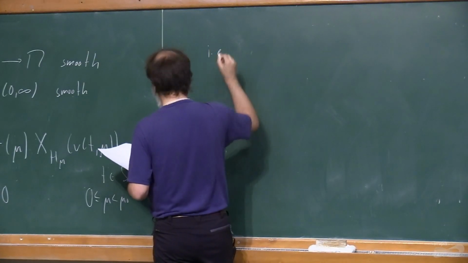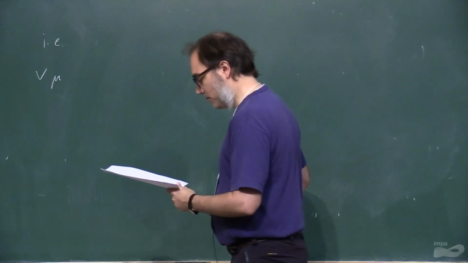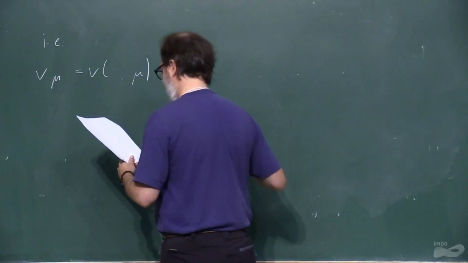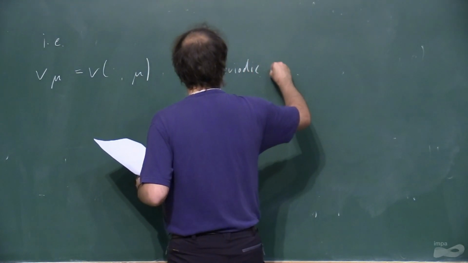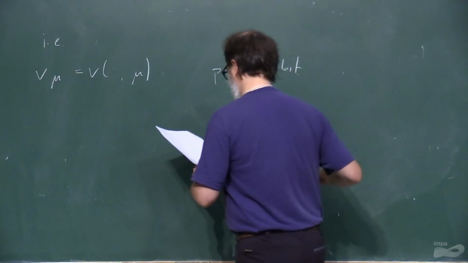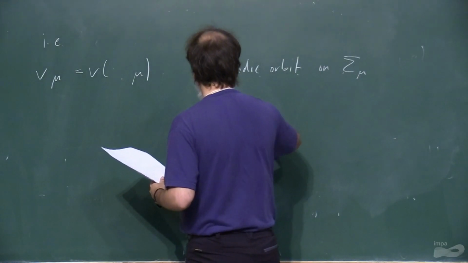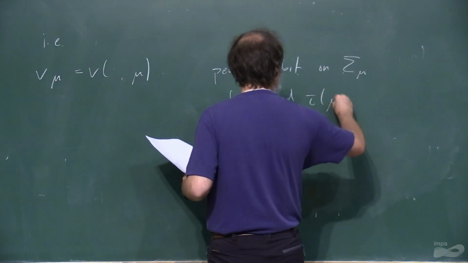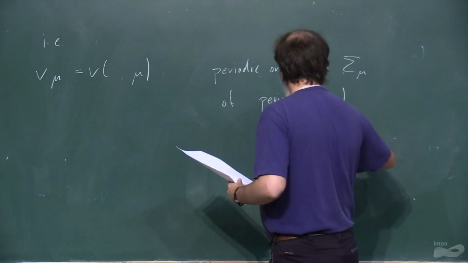So if I write subscript mu, this is a periodic orbit on Sigma mu of period tau mu for all mu in [0, mu 0).